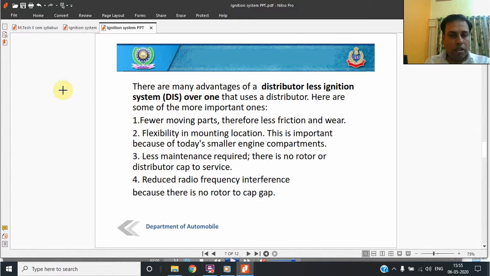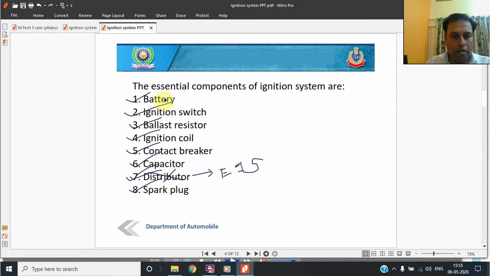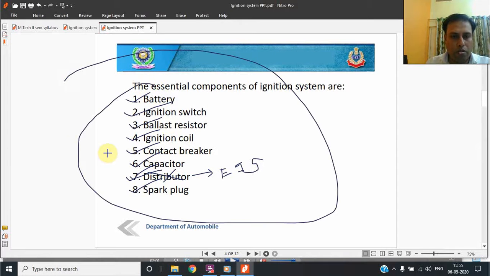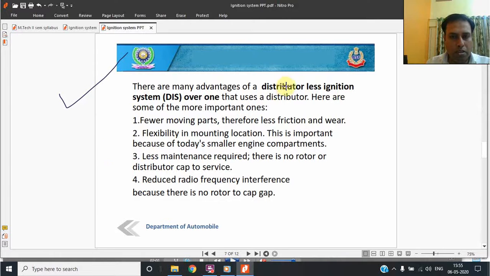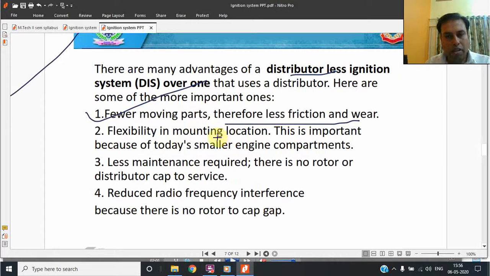What are the advantages of the DIS system? Because these days the convention, as I have already told you, should be known to us. But these days the distributor-less ignition system is used. Fewer moving parts, therefore less friction and wear. Flexibility in mounting and location. This is important because of today's smaller engine compartment.